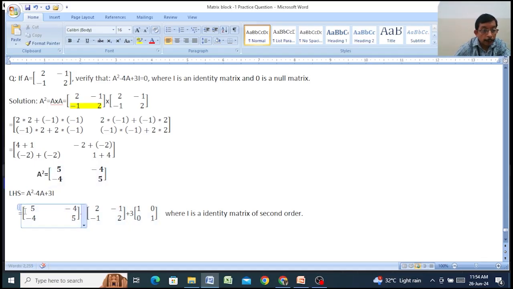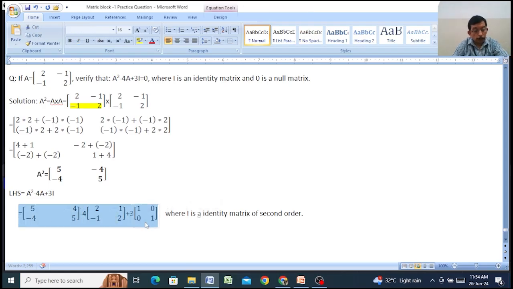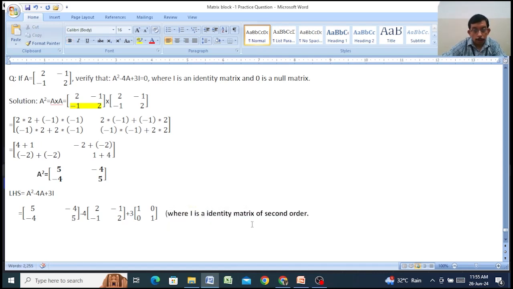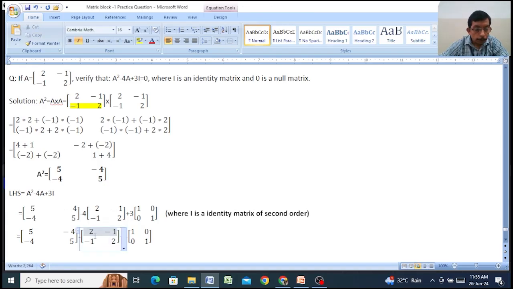Now simplify by scalar multiplication. Now the 4 is multiplied by each element of the second matrix: 2 into 4, minus 1 into 4, minus 1 into 4, 2 into 4.